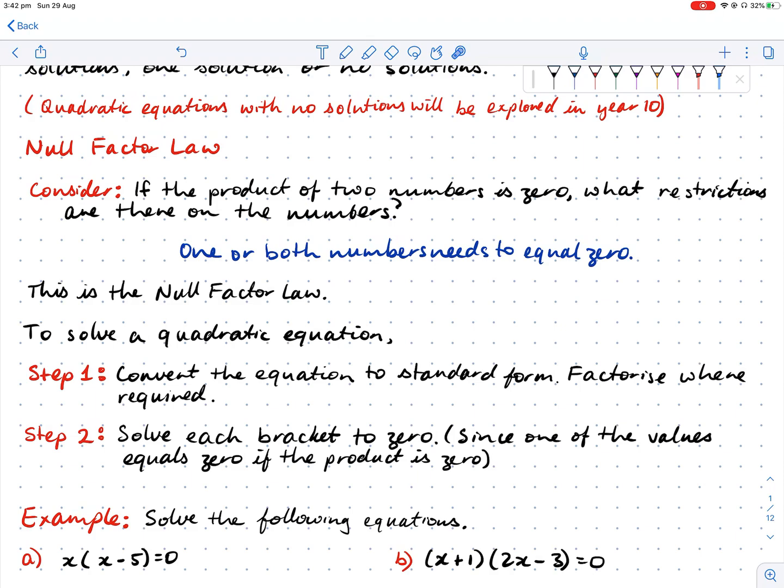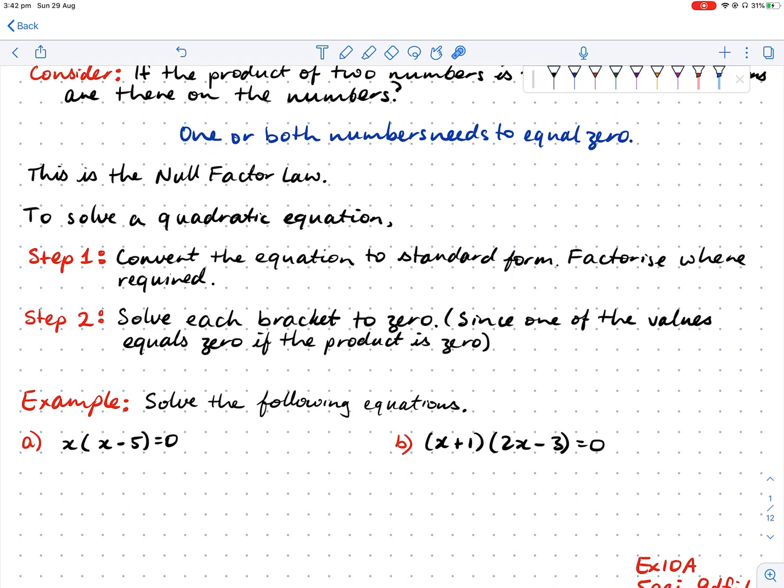So when we go about solving quadratics, this is why all that work with factorizing was important. Firstly, we convert the equation into standard form, and then we factorize wherever we can. Part 2: when we've factorized, we have double brackets, which means we've got something times something else equals 0.